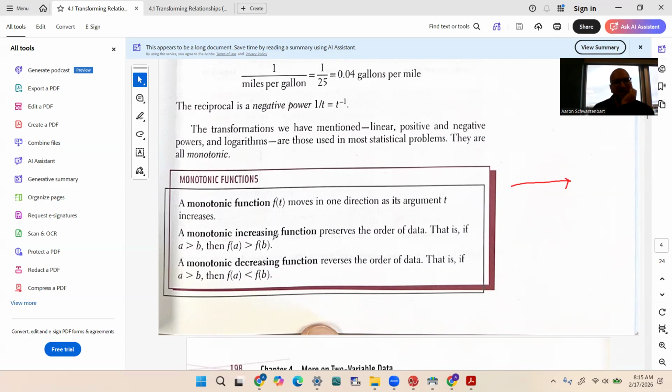Monotonic increasing would mean it's increasing the whole time. Monotonic decreasing is decreasing the whole time. A graph that looks like that would be non-monotonic.